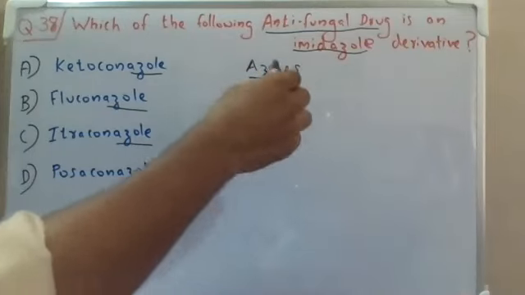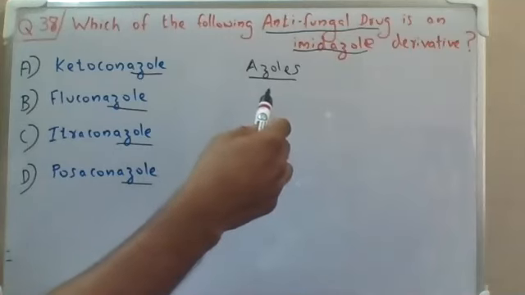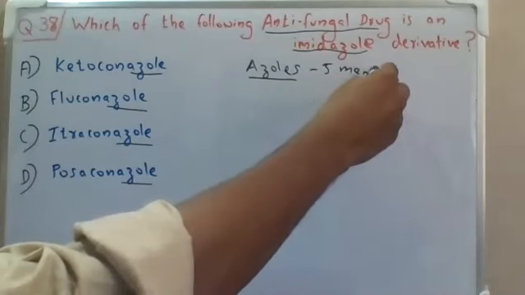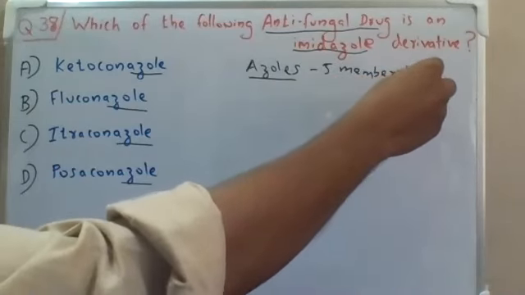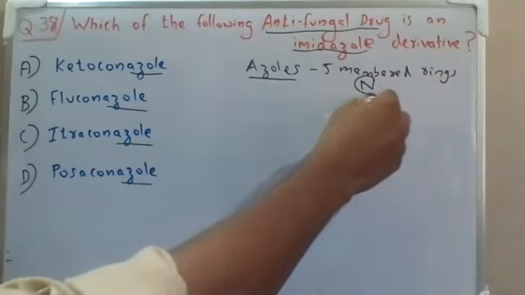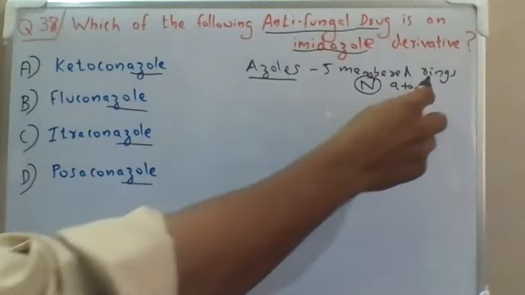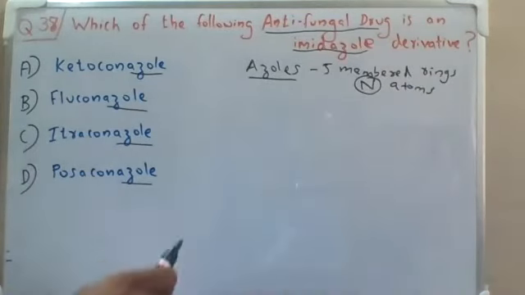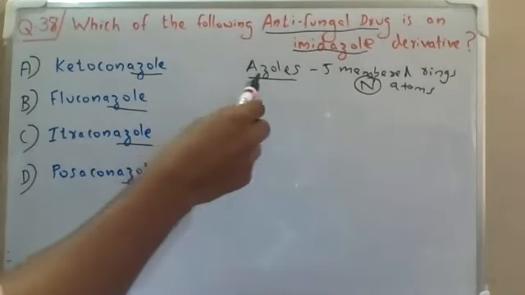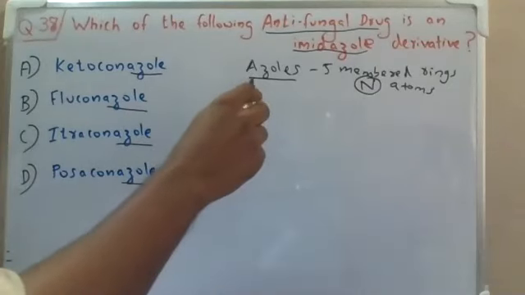The derivatives of these azoles are widely used as antifungal drugs, and they are 5-membered heterocyclic rings containing nitrogen atoms. We can classify these azoles into different categories, out of which I will explain 2 categories here.